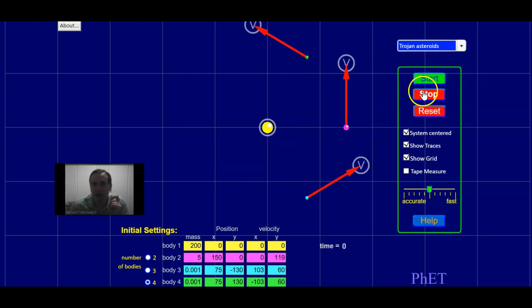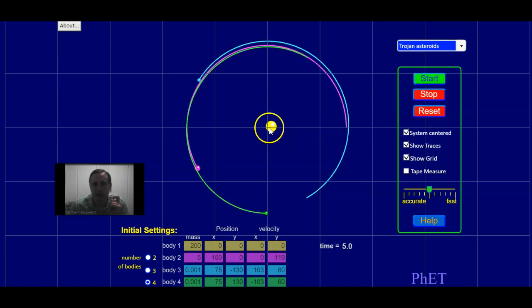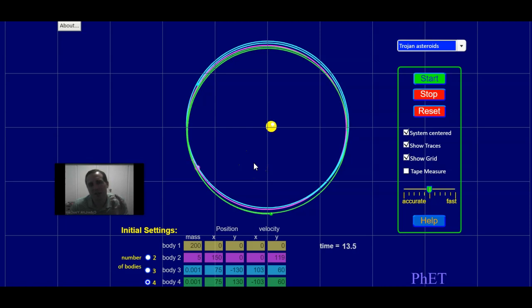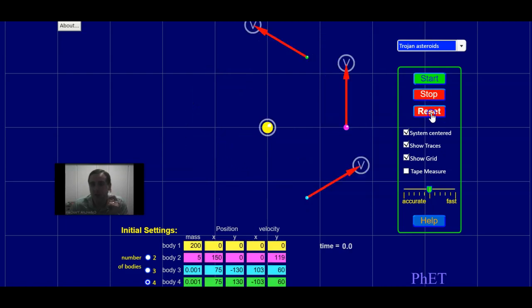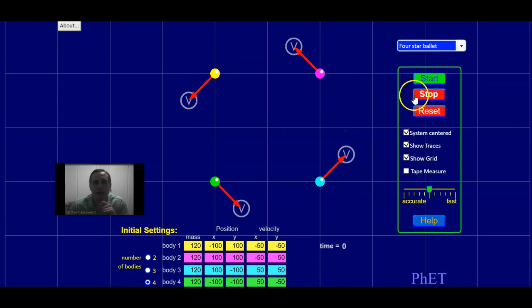How about Trojan asteroids? So most of this is just kind of fun. Notice that these are asteroids rotating around the sun. Notice that they have slightly different radii, slightly different speeds, but again, they're all sort of rotating around this large star. Four-star ballet.